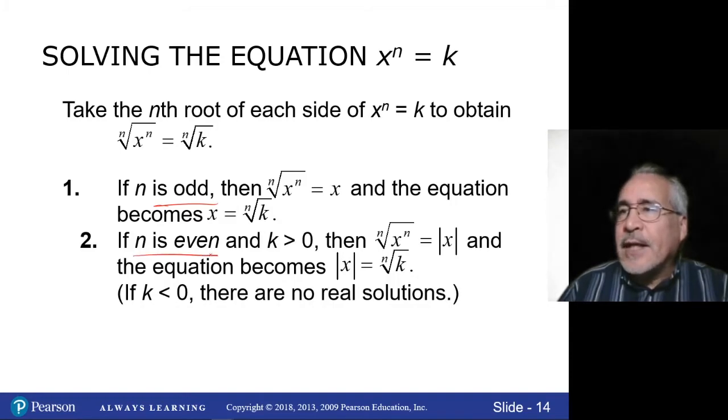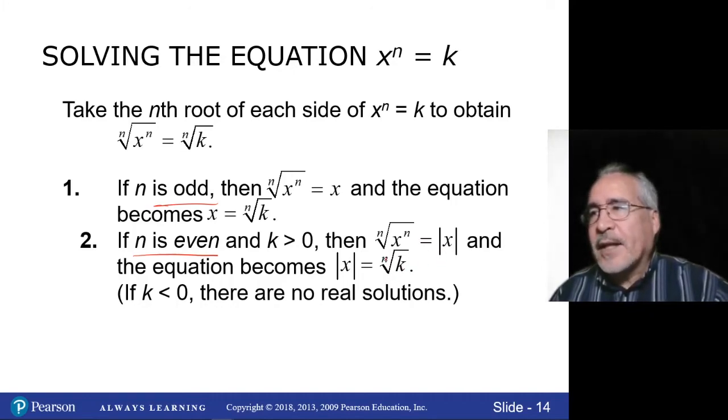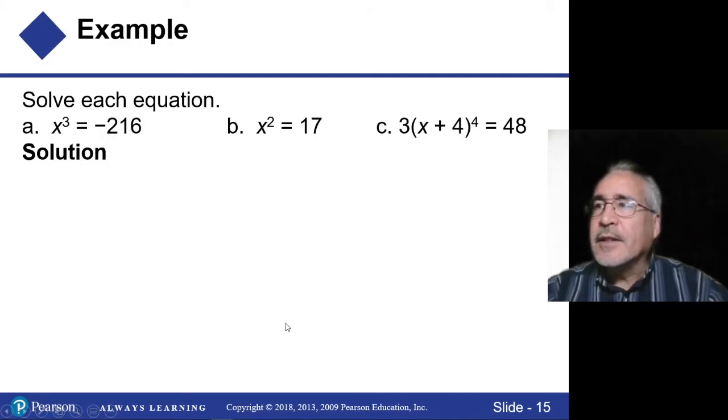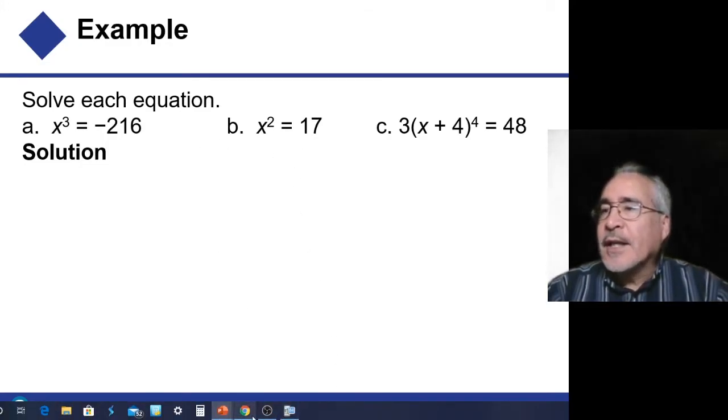But when n is even, squared, fourth, sixth, there's a possibility you're going to get a plus or minus. There's a possibility you're going to get an imaginary number, which we will talk about in the next section. So there's a lot you have to remember, whereas when you do it graphically, it's just straightforward. So let's go ahead and do these just real quickly.